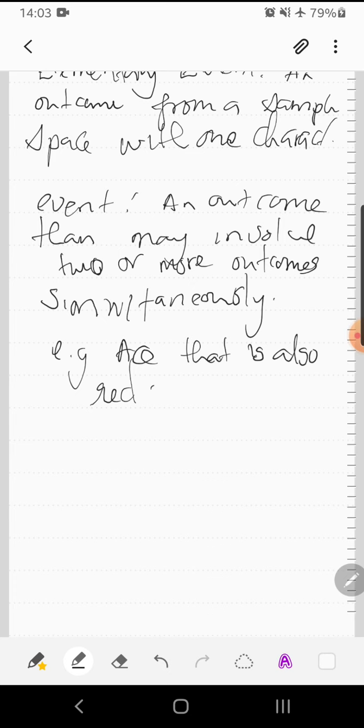Now we move to the definition of probability.